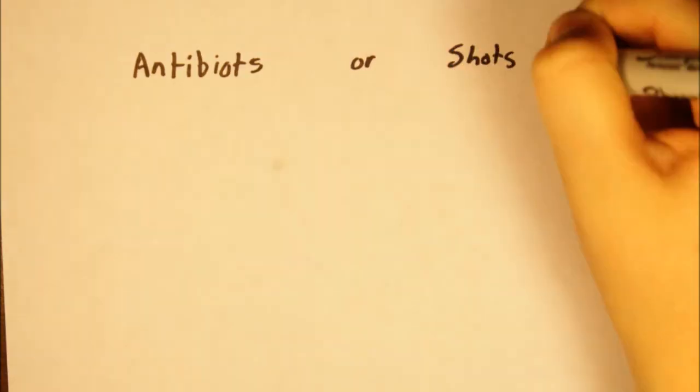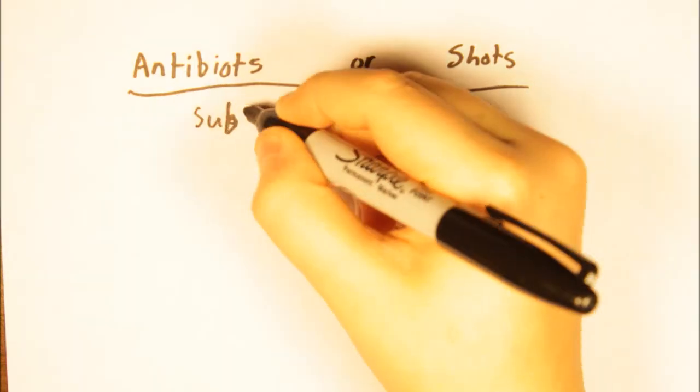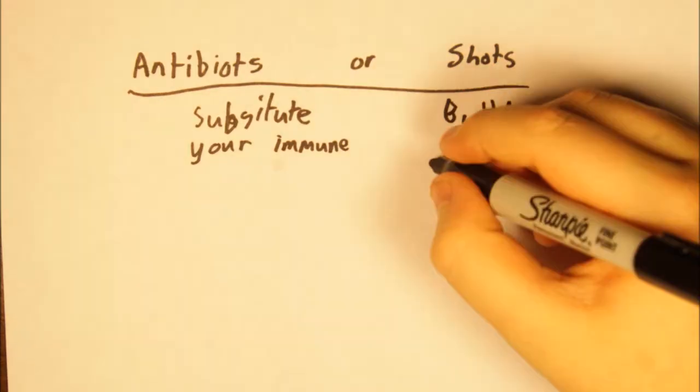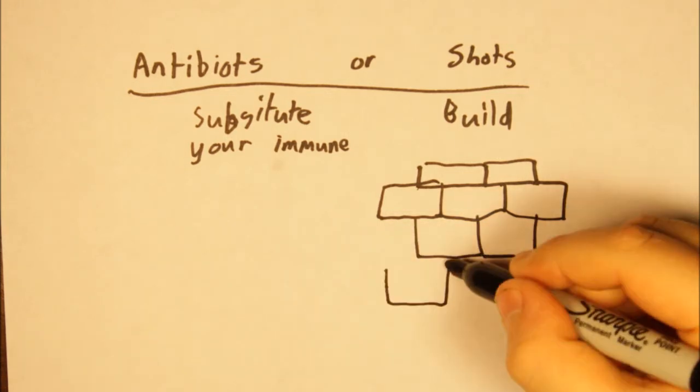Other stuff, like antibiotics, help your immune system the same way that fevers do. They enhance it. But stuff like shots or vaccinations actually just build up your immune system.